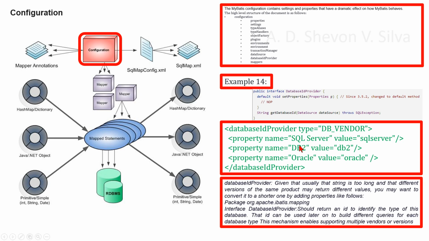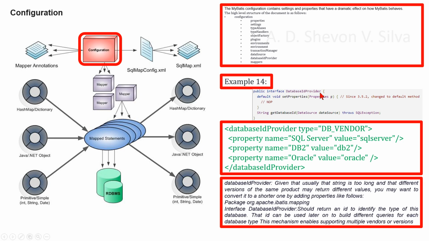The DatabaseIdProvider interface, which is in the package org.apache.ibatis.mapping, should return a string ID to identify the type of this database. That ID can be used later on to build different queries for each database type. This mechanism enables supporting multiple vendors and versions.